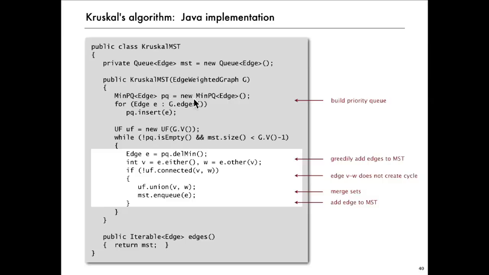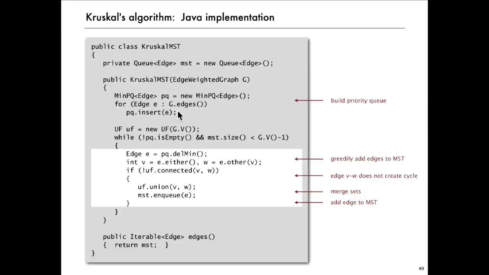We'll build that minimum priority queue. Now edges are comparable. We had a compareTo method. So our generic priority queue code is going to work fine. And so what we'll do is we'll put all the edges in the graph into the priority queue. So that's building a priority queue containing all the edges in the graph.